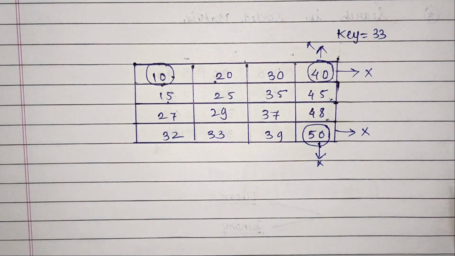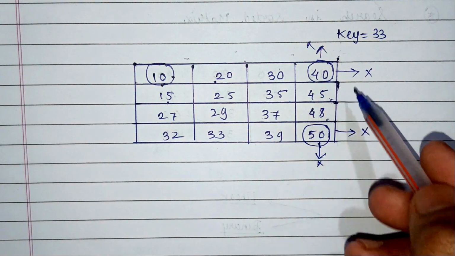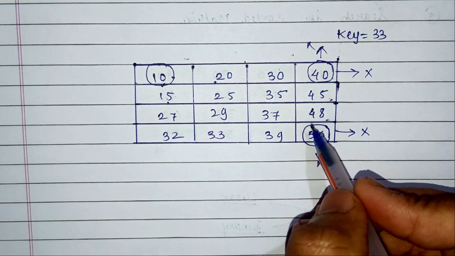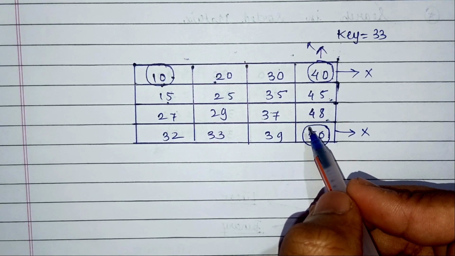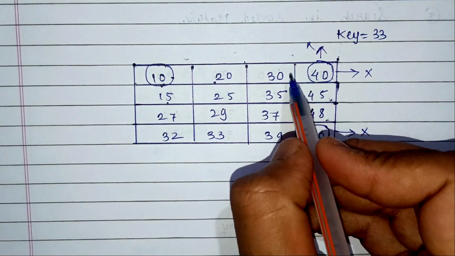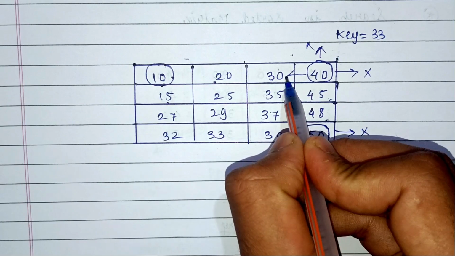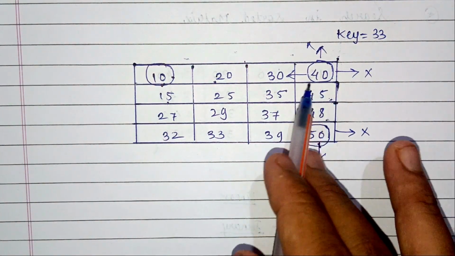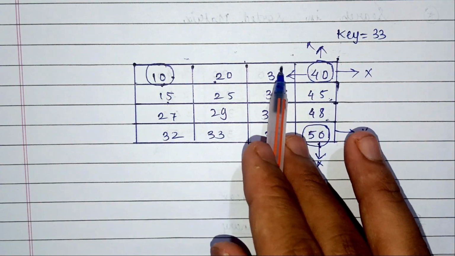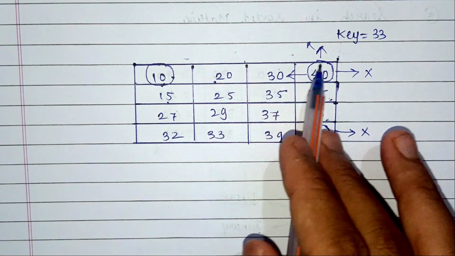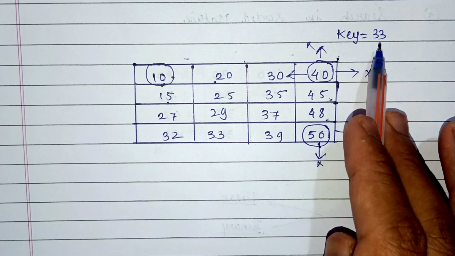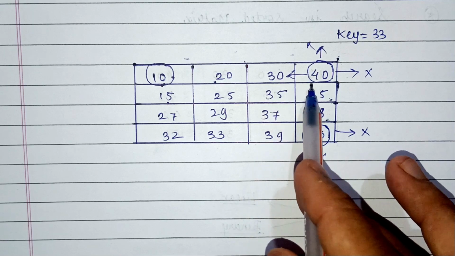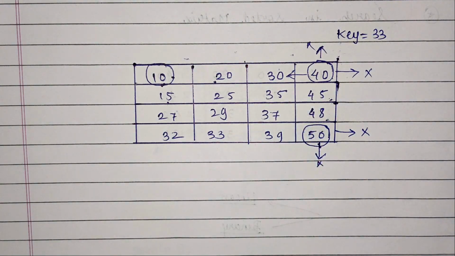If we compare, the 40 element is greater than our key, so we have to move to the left side, because we have greater elements here and lesser elements there. The element is less than 33, our key, so we can move to the left side.